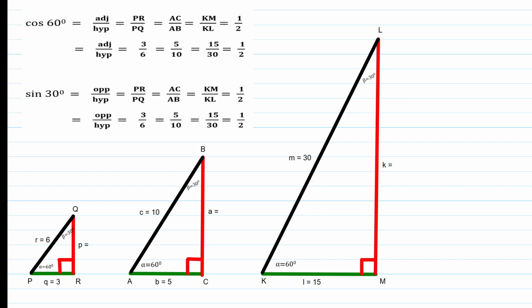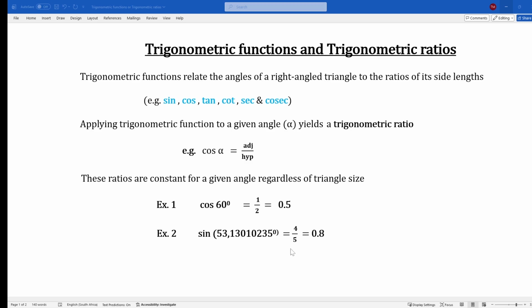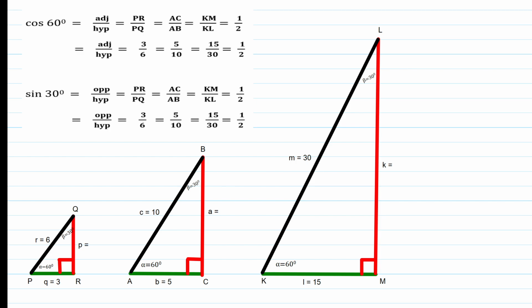So applying cosine to angle 60 will yield a ratio of half. In triangle PQR, the ratio would be 3 over 6, which is half.